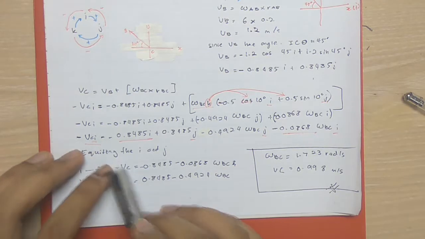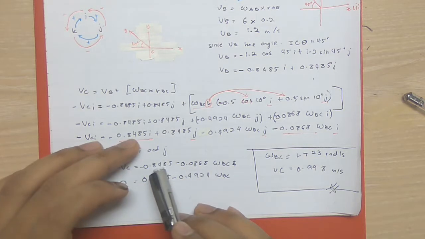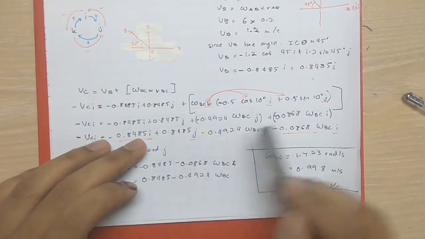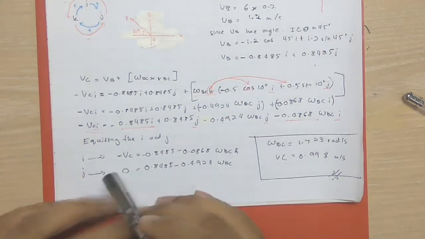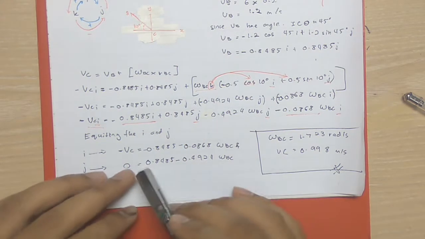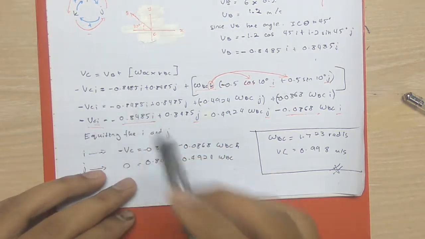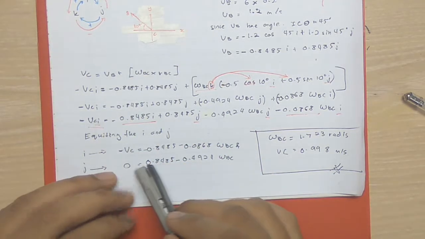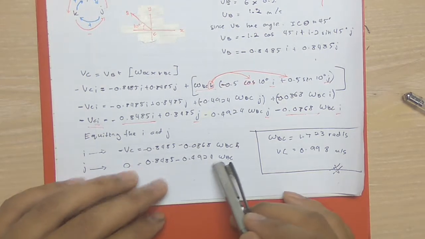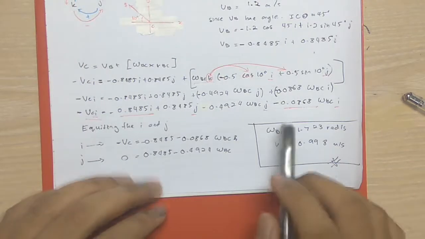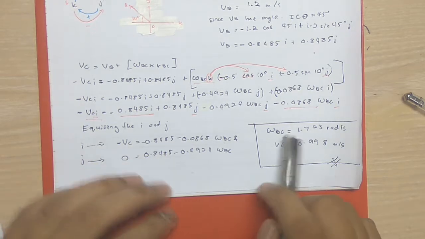This one negative VC equal to negative 0.8485 minus 0.0868 omega BC for the I, and the J 0 because there is no J on the left, equal to, on the right, 0.8485 minus 0.4924 omega BC, and then we use the simultaneous equation.